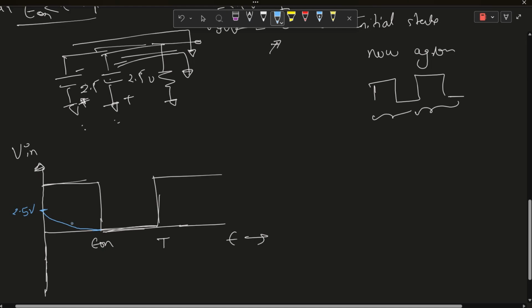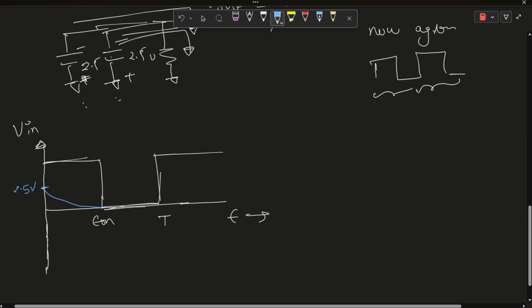and it decreases exponentially because there is a resistance between the ground and the capacitors.